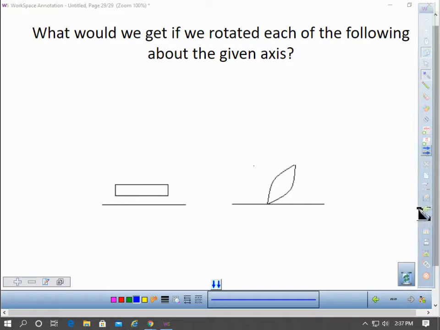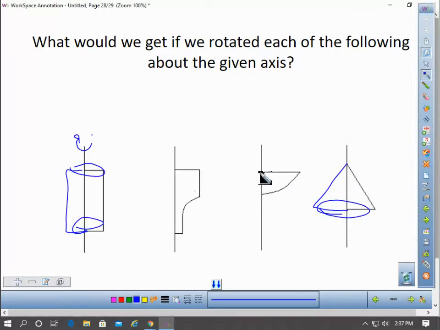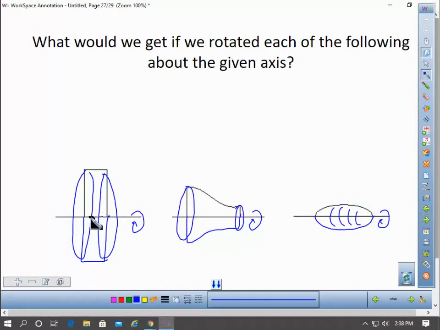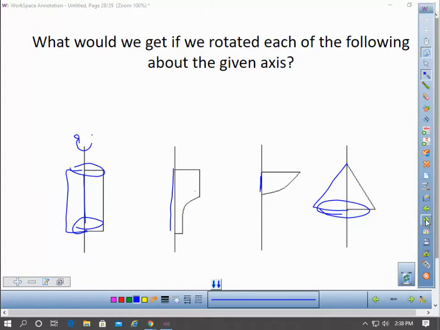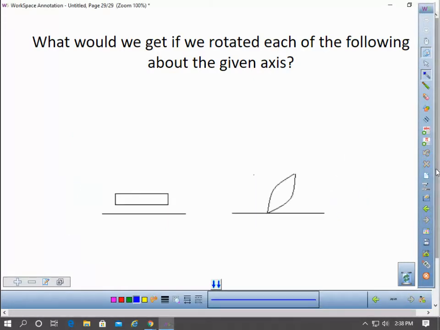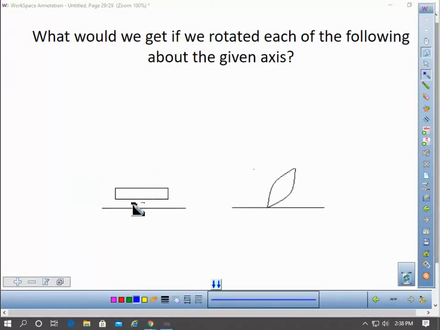If you look at the last ones we just did, our objects all were touching the line that we went around. Right here it touched the line, here it touched the line, and here it was actually up against the line. So the difference is our objects that we're rotating now don't touch the axis of rotation that we're rotating around.